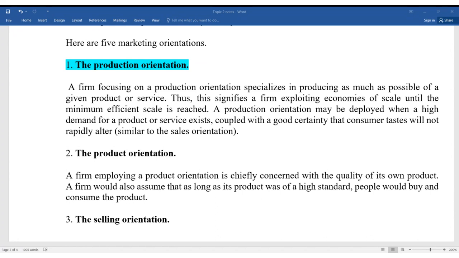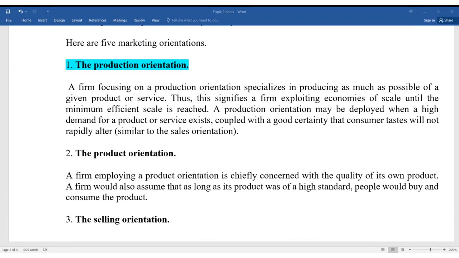Make sure your distribution network is the best that you can offer so that your product is readily available. One can use an intensive distribution strategy to ensure the product is available. So give everyone who wants the product an opportunity to distribute it.